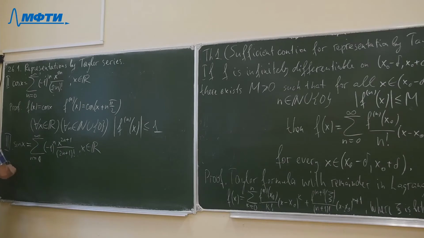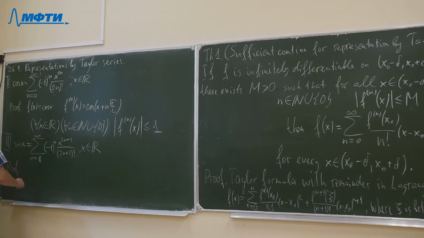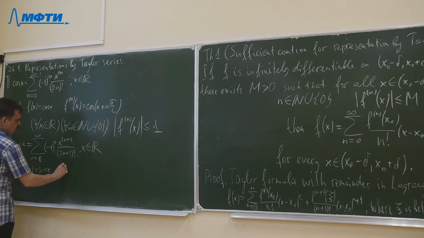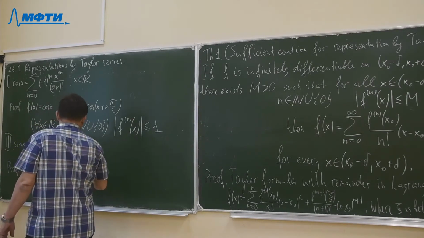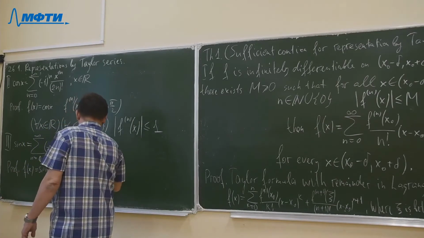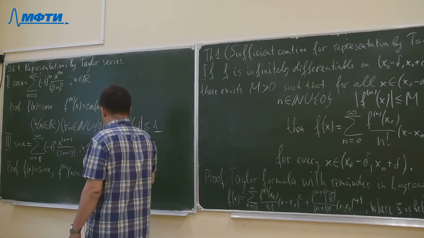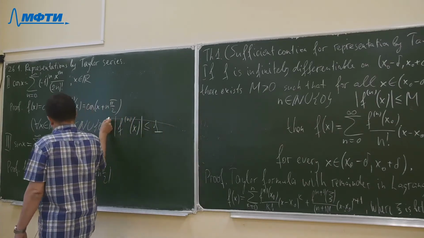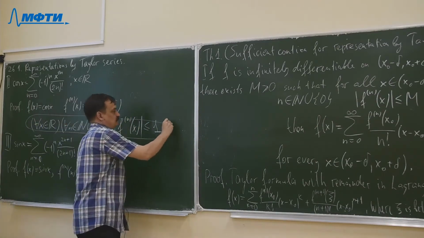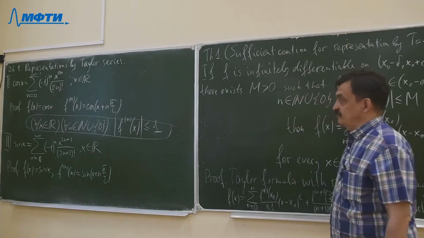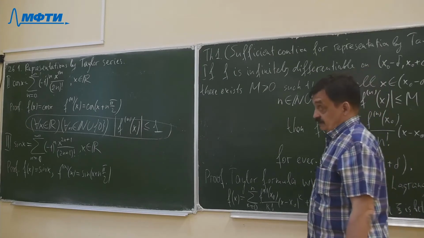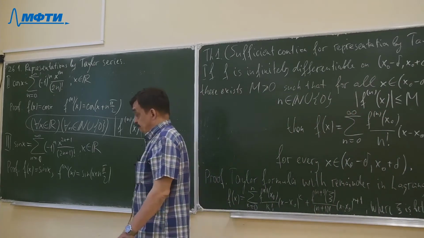Now, similarly, we apply theorem 1 with the function sin x and the derivative equal to sine of x plus n pi over 2, and the same estimate as for cosine is valid for sin x as well.